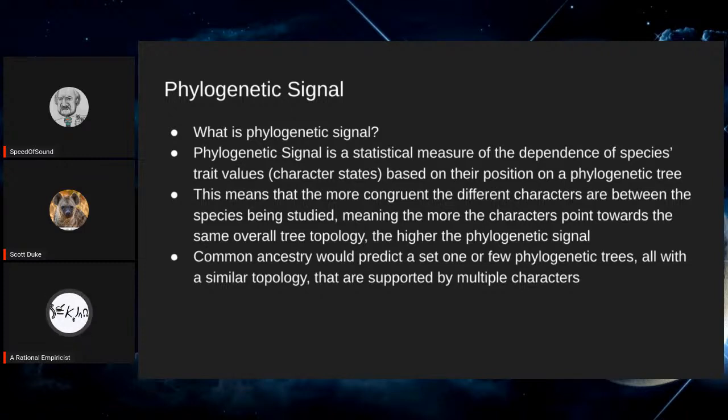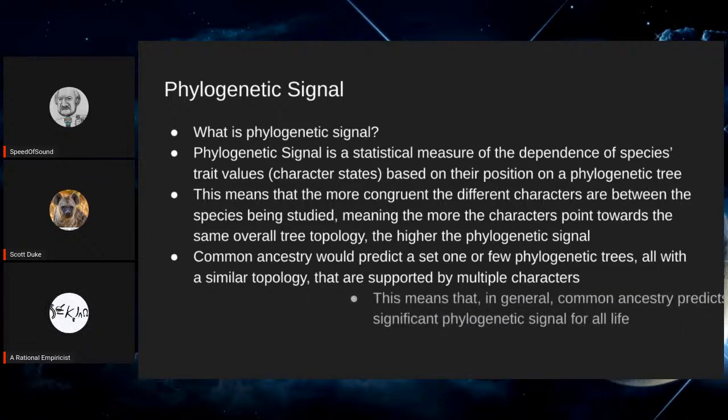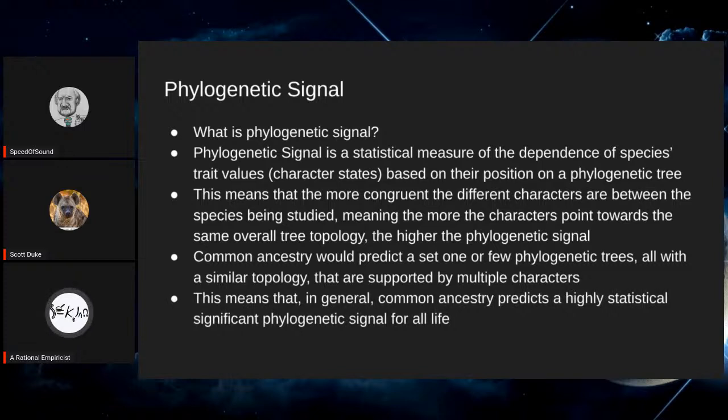So all of these characters, or at least lots and lots of them, should all support the same or a similar topology, basically. So in other words, in general, common ancestry should predict a highly statistically significant phylogenetic signal for most, if not all, life.